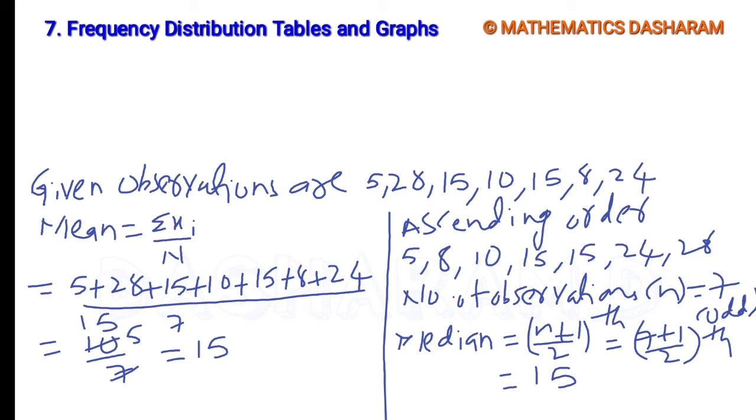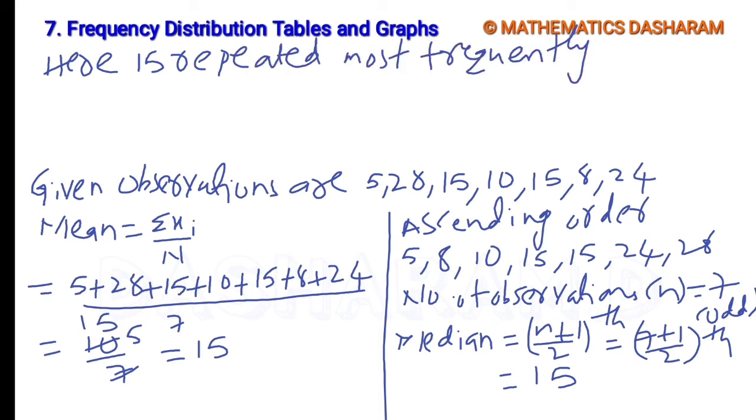Next, the mode answer. In the given observations, 15 is repeated more frequently. So therefore the mode of the given data is how much? 15. So mean 15, median 15 and mode also 15.